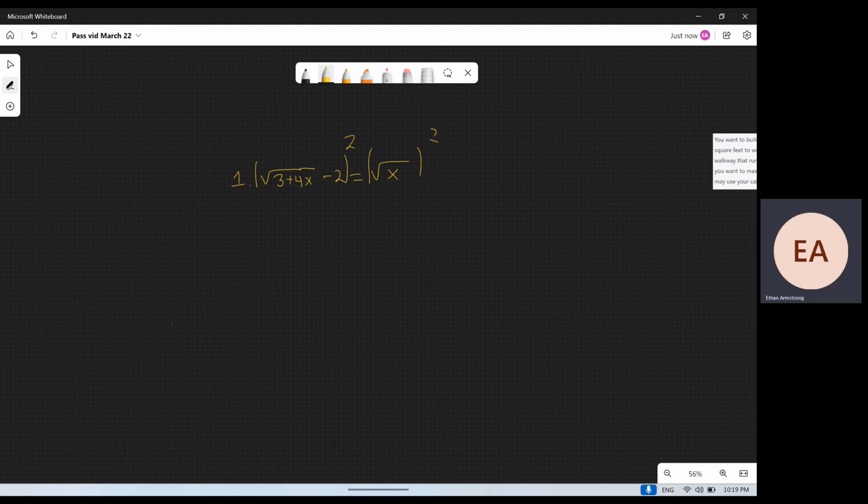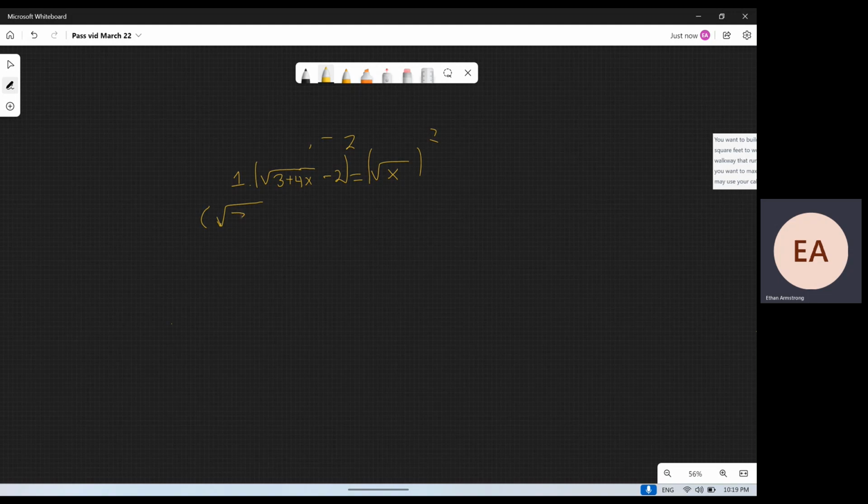So squaring this, I'm just going to rewrite this because it's a common mistake to just square each of these, so then you'd get 3 plus 4x plus 4, but that would be incorrect because you're missing another term.